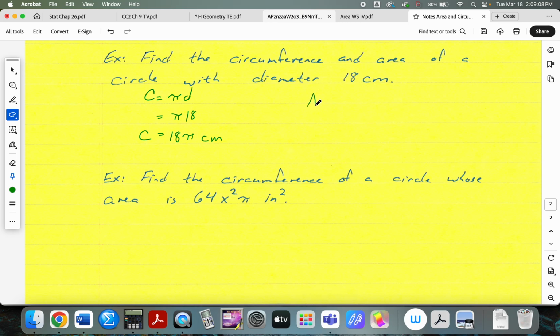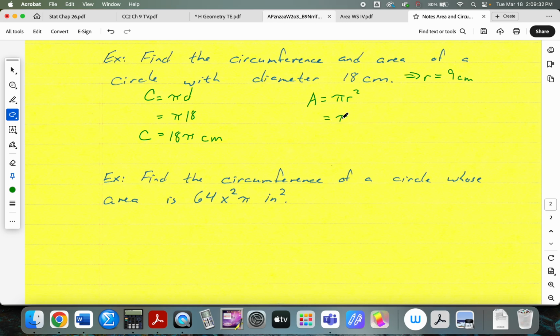And then the area is pi times the radius squared. If the diameter is 18, then what is the radius? Oh, don't everyone jump at once. It's 9.